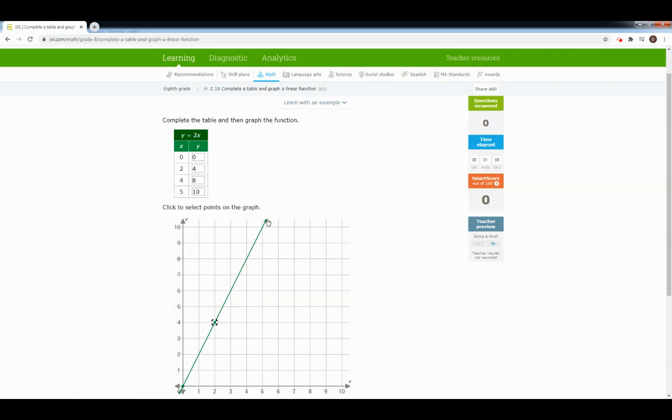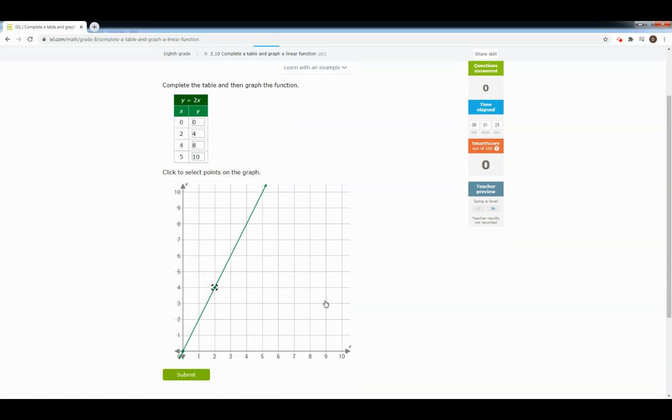Because the cool thing about a line is all you have to do is plot 2 points, and you get that line right through it. So you get 4, 8 is there, and 5, 10 is there. So all you really have to do is plot the first two, and then the line will take care of the other two. Just make sure it's right. X is on the bottom, and Y is over here on the left.